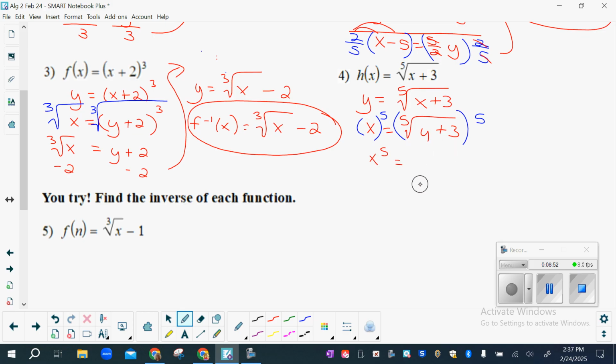The 5th undoes the 5th root, so this becomes y plus 3. Notice on this one, the plus 3 is inside the root. It's going to be something different than you tried. My last step: subtract 3. So y equals x to the 5th minus 3, or h inverse of x.